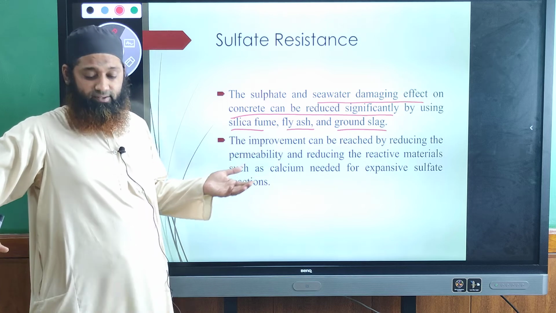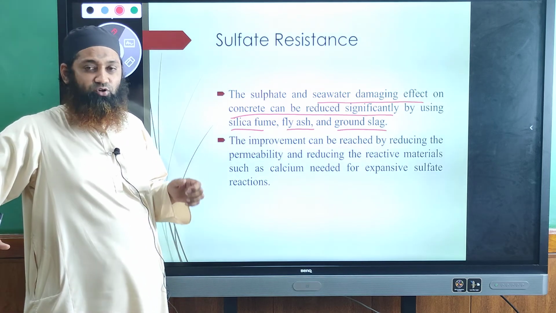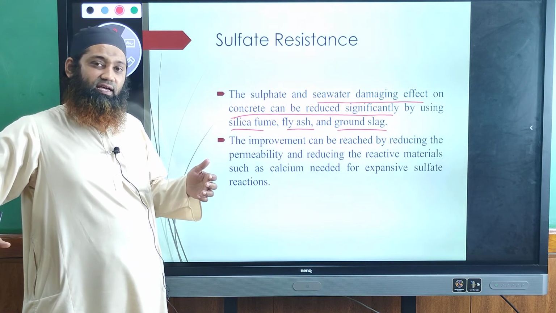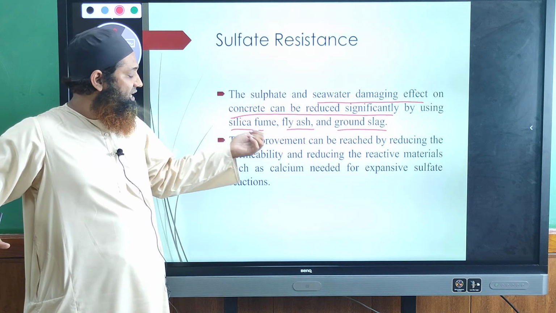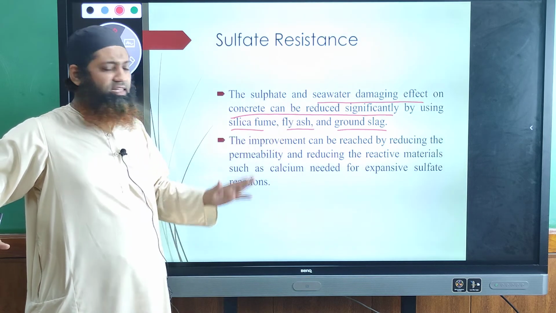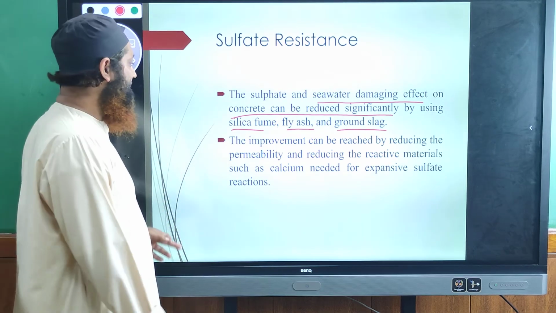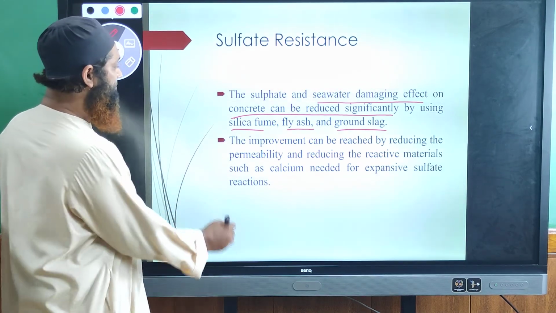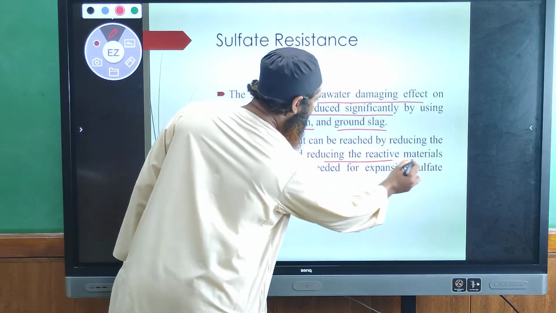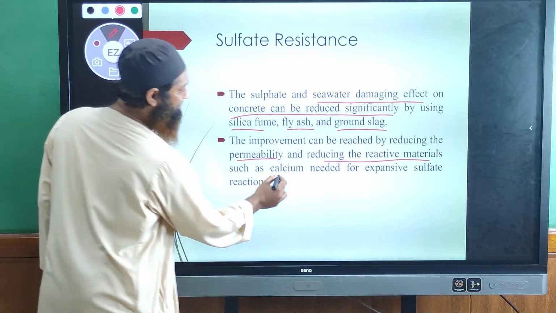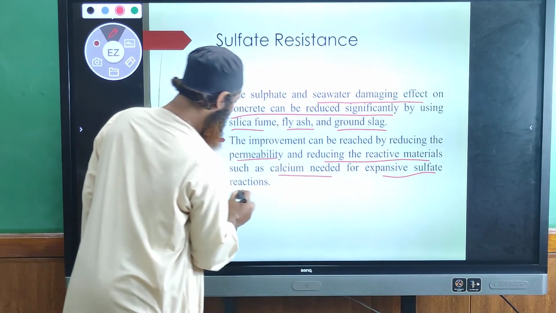These structures which are constructed in water bodies also can be constructed using these materials, silica fume, fly ash and ground slag, where they are performing very well against the sulfate attack also. The improvement can be reached by reducing the permeability and reducing the reactive materials such as calcium needed for expansive sulfate reaction.